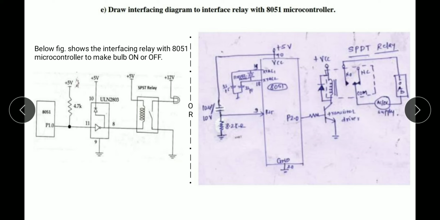Here we give the VCC, that is 5 volt, and one pin is connected to ground. After that, one common pin is also given here, and there are 8 output pins. On an output pin, we connect the bulb or whichever load we have, connected through a relay. So we connect the bulb here after the relay.